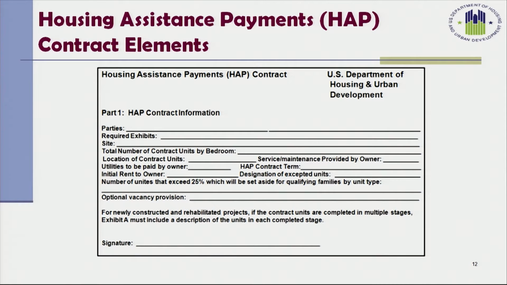And if the PHA elects to include vacancy payments under the contract, that provision is also contained within Part 1 of the HAP contract.